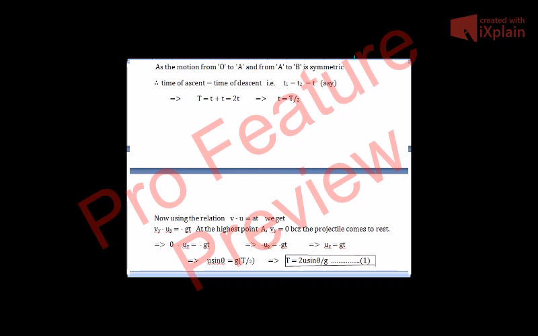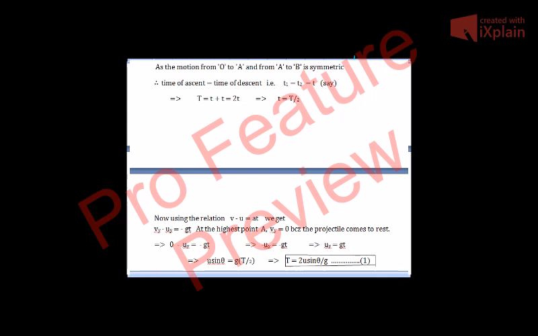As the motion from O to A and from A to B is symmetric, as you can see from the graph, it is symmetric, almost same. So therefore time of ascent will be equal to time of descent. That is T1 will be equal to T2, that both will be equal to t, for example say 5 seconds or 10 seconds. This implies T will be equal to t plus t, that will be equal to 2t. So small t will be equal to capital T by 2.